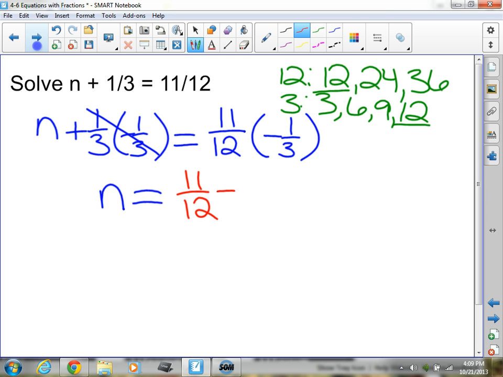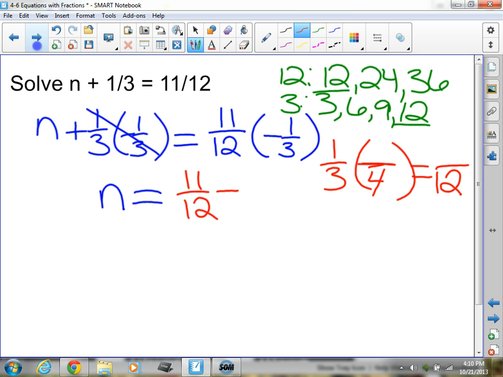11/12 minus, now I need to get 1/3. I need to change that fraction so that the denominator is 12. 1/3 times something equals a denominator of 12. 3 times what number is 12? Well, 3 times 4 is 12.